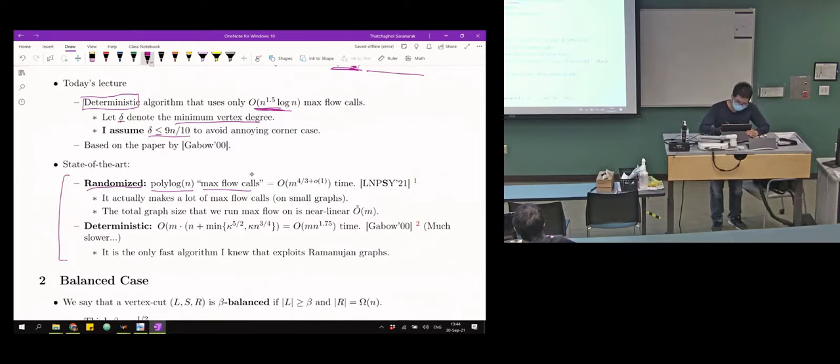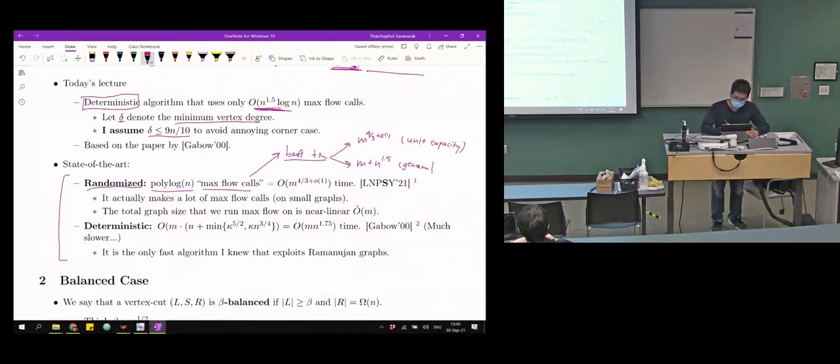The best max flow time right now comes from two algorithms. One is this time, but it assumes unit capacity. Another one takes this time in general.